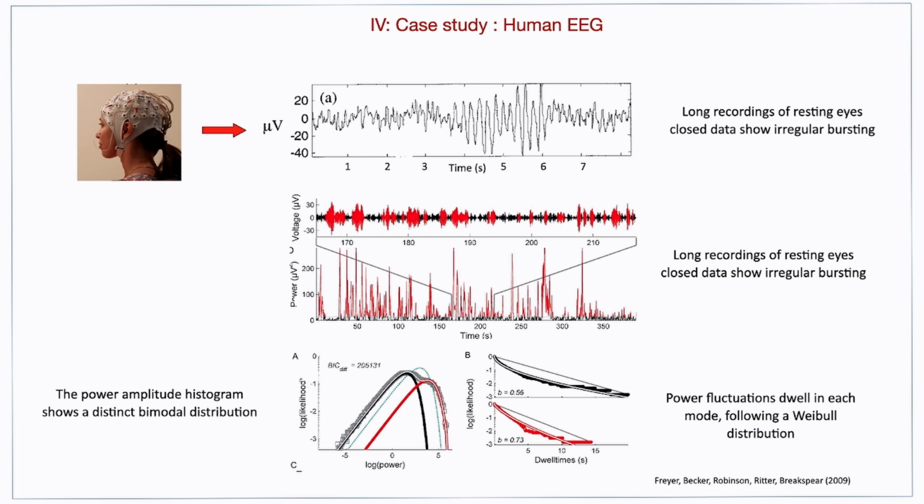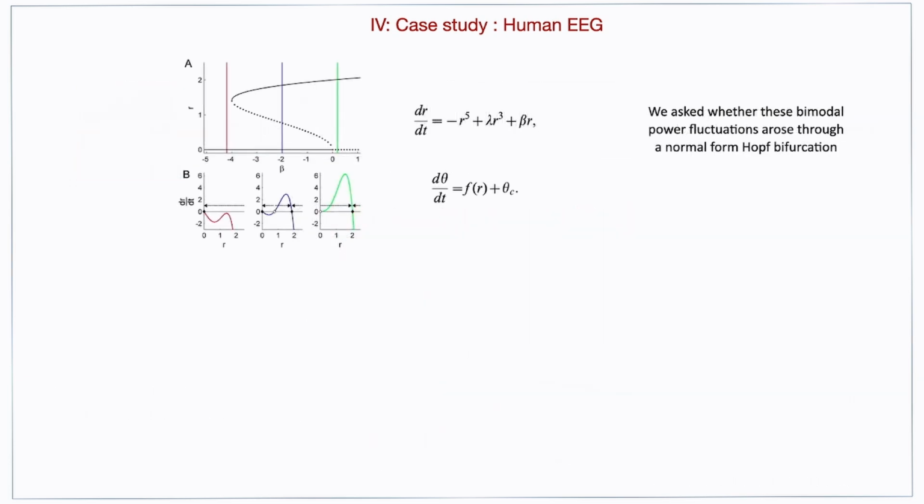So that was from the data, and we published that in the Journal of Neuroscience. Then Frank came and stayed with me, and we said, well, if it's bimodal fluctuations, let's find a bistable dynamical system. So we started with this fifth-order polynomial. That's the amplitude R, and we give theta an angular rotation, which gives the 10 Hertz oscillation.